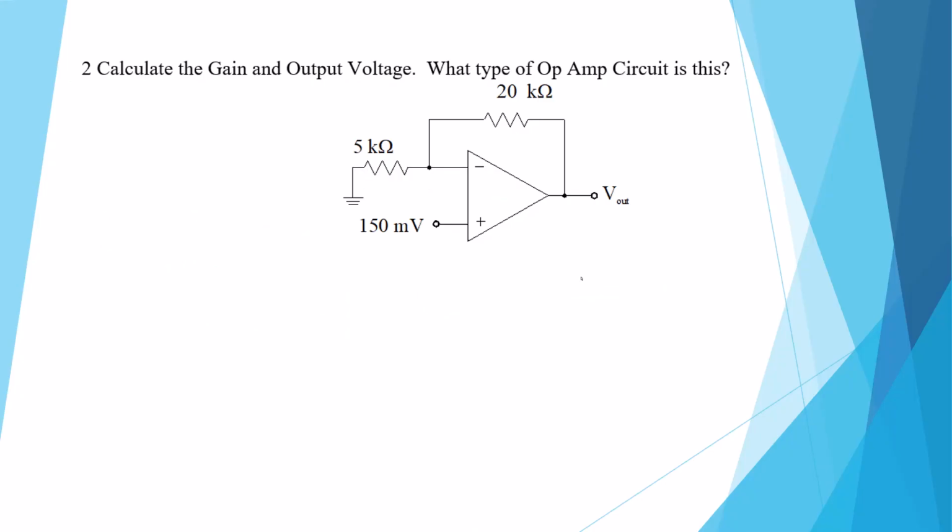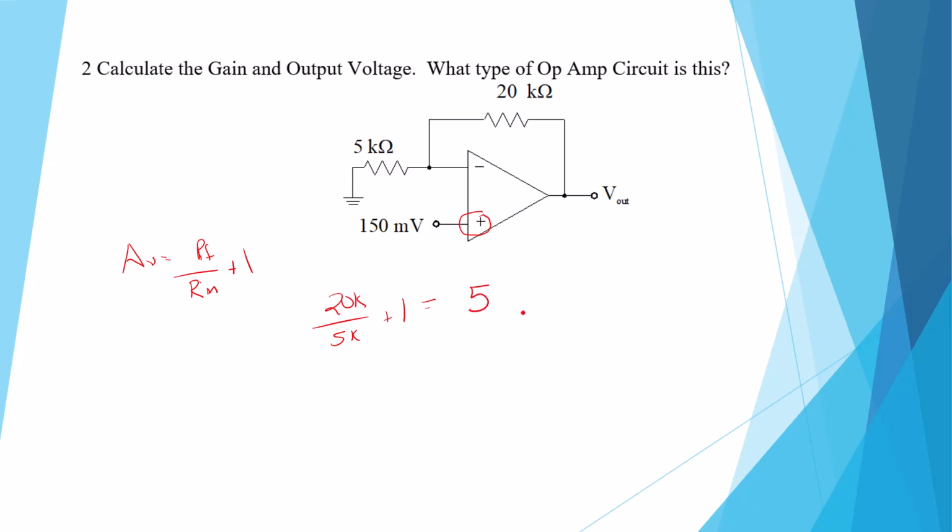Okay, this is a non-inverting amplifier because it is going into our non-inverting input, and its formula for gain, small v, equals RF over Rn plus 1. So we have 20k over 5k plus 1 equals 5.